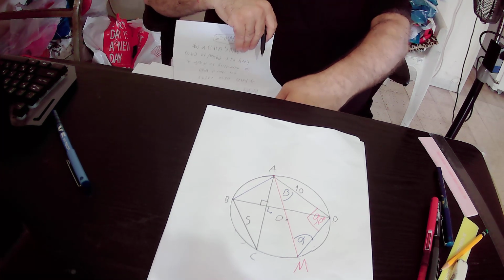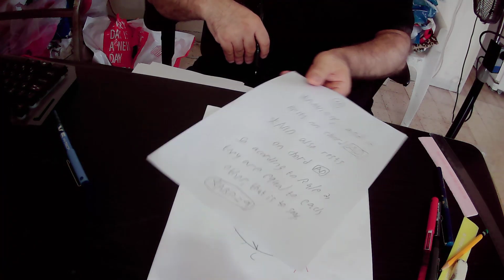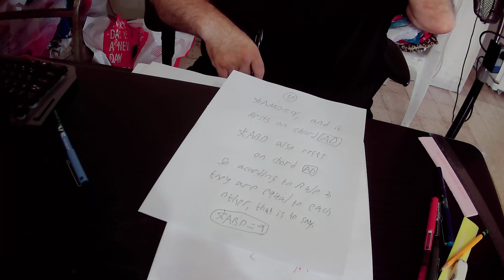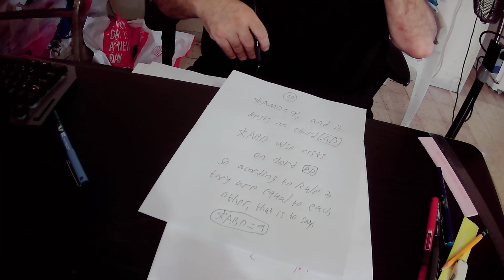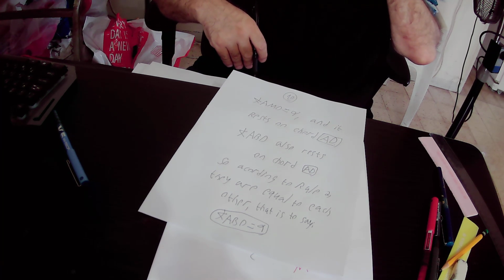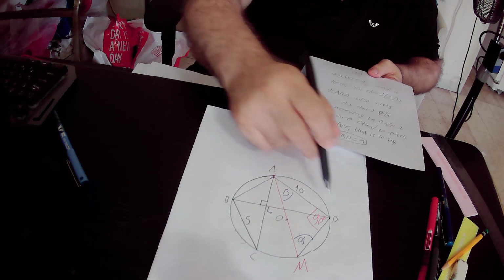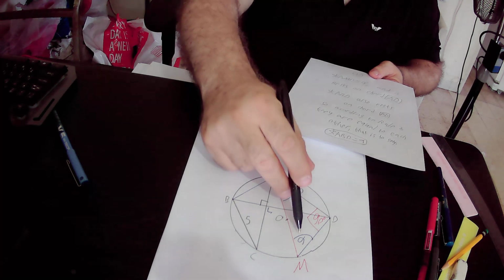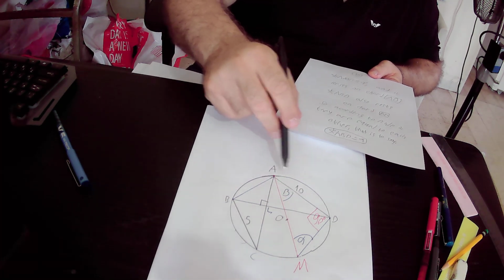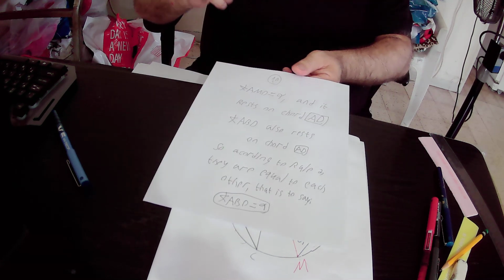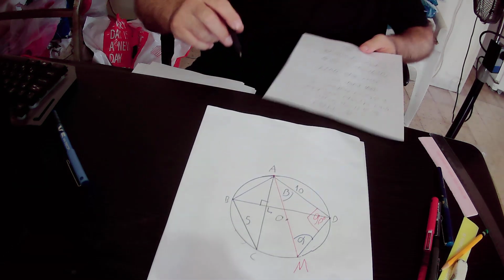So I will read again what I wrote. Because those two angles, angle ABD and angle alpha, rest on the same chord AD, according to rule number 2, they are equal to each other.